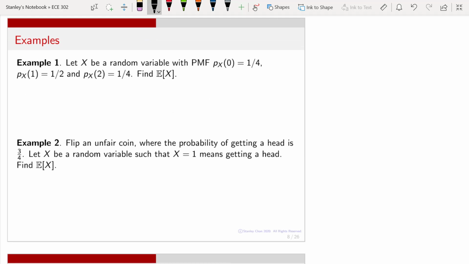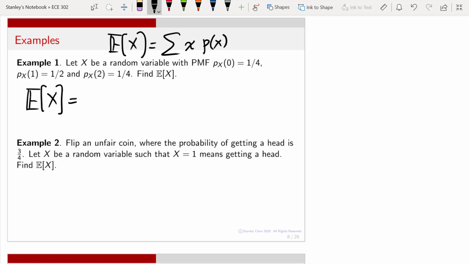Let us work out a few examples to make the calculation a little bit clearer so that we will know how to calculate the expectation. So here is a random variable x with PMF having 3 states, 0, 1, and 2, with probability mass functions defined as follows. We want to calculate the expectation. Let me remind you, expectation is the summation of all the possible states times the probability mass.